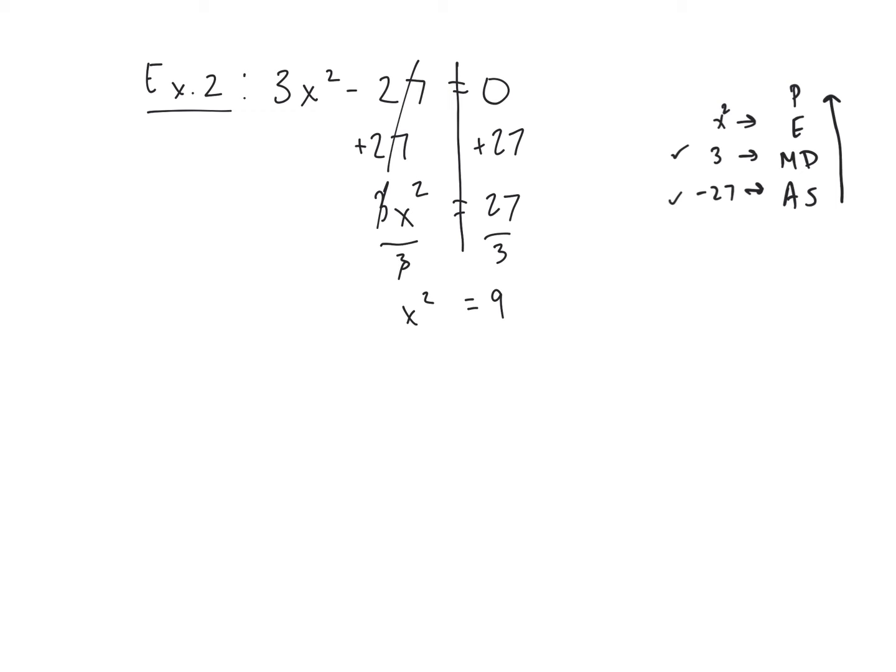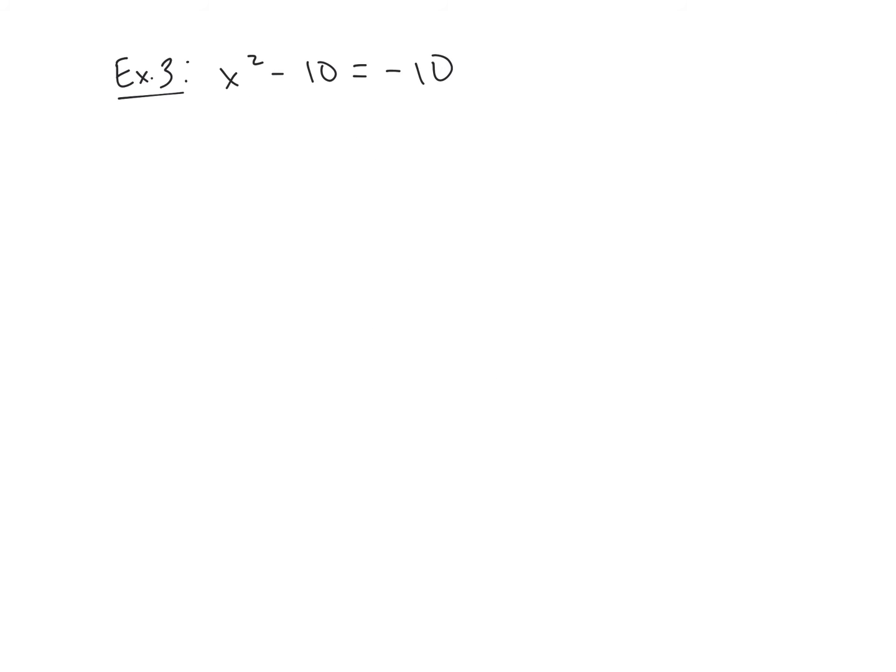And I have to make sure when I take a square root of both sides that I add that plus or minus. So square root and squared are inverses, so I'm just left with x. And I get positive or negative, and then the square root of 9 is 3. So my answers would be positive and negative 3. Right? So that takes us through our first example here.